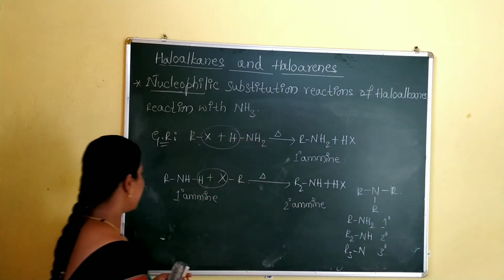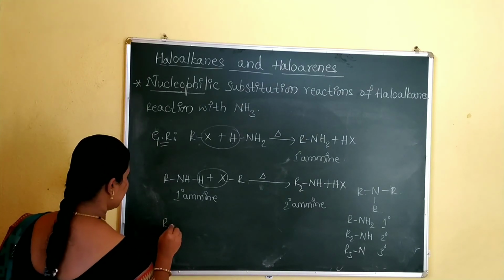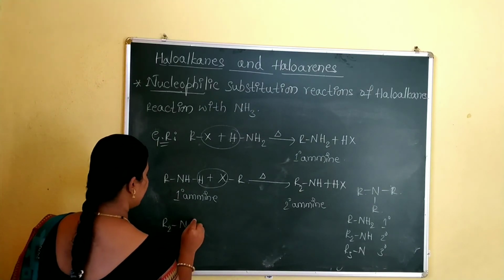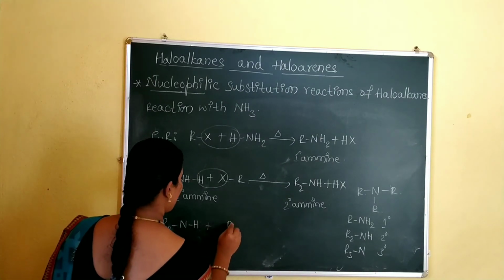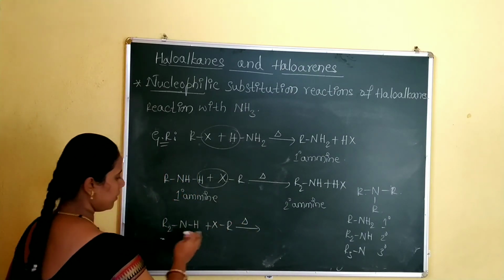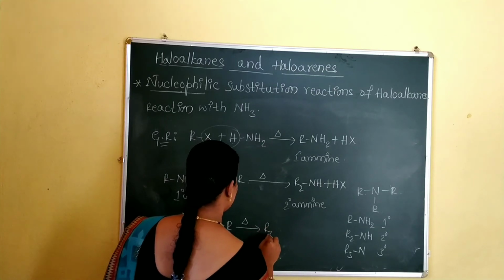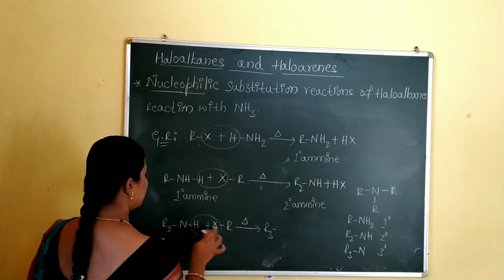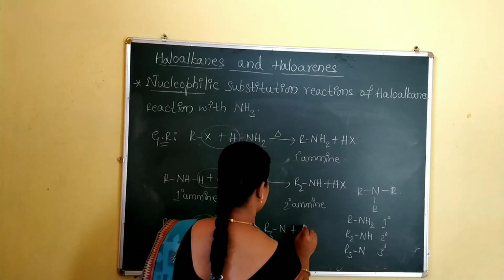Again, this secondary amine R2NH reacts with alkyl halide. When it is heated with alkyl halide, then it forms R3N plus HX.